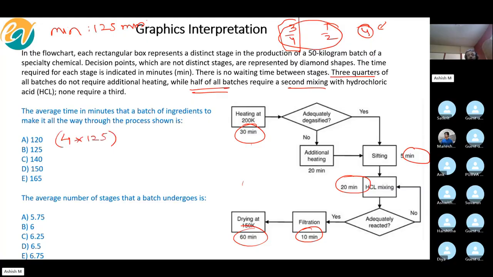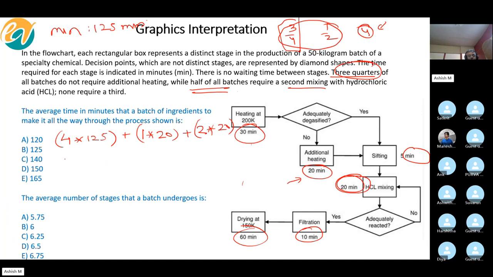3 batches, notice 3/4 of 4 would be 3 batches, do not require additional heating, which means one batch does require additional heating. Agreed? So one batch would require additional heating, which means an additional 20 minutes. And half of all batches require a second mixing, which means 2 of them require an additional 20 minutes.